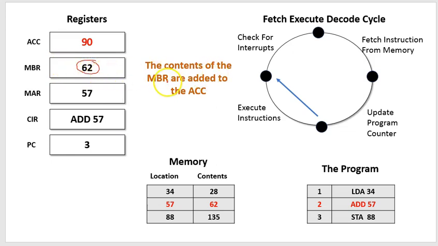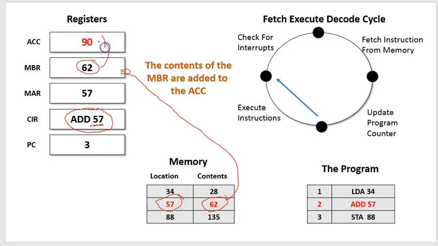the contents of the MBR are added to the ACC. Remember that the instruction was to add the contents of 57. So here's the address 57, the contents of which are 62. We copy that into the MBR, and that 62 is then added to the accumulator.